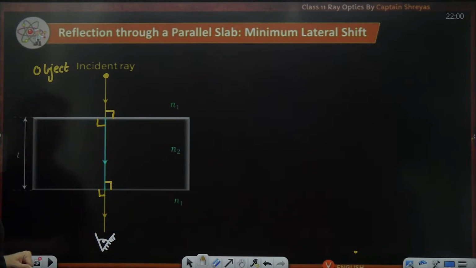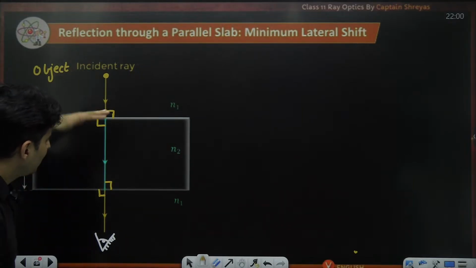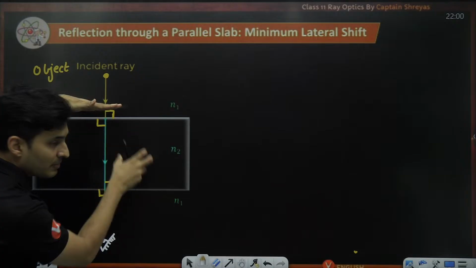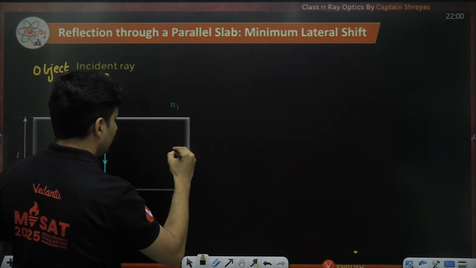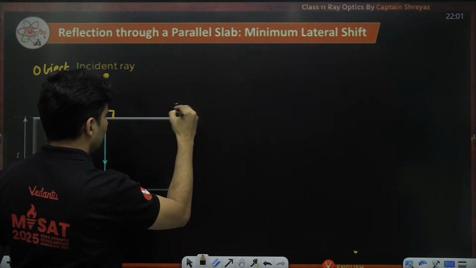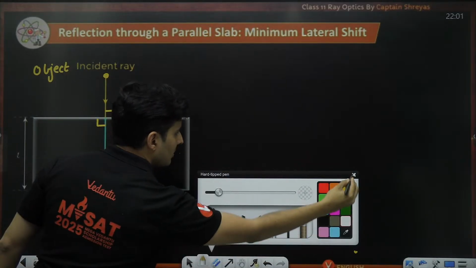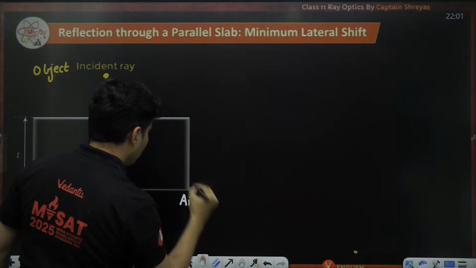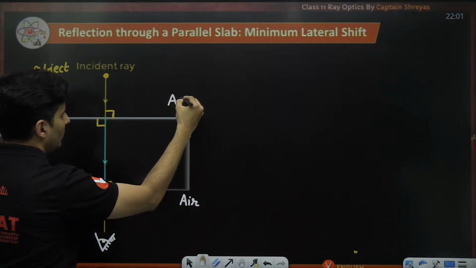Because the observer sees through the slab, this is the dense part, right? Let's say this is air, this is having some refractive index mu, like that. And again, this is back to air.